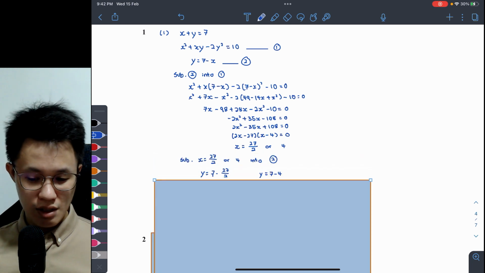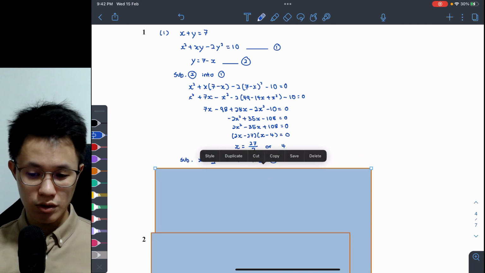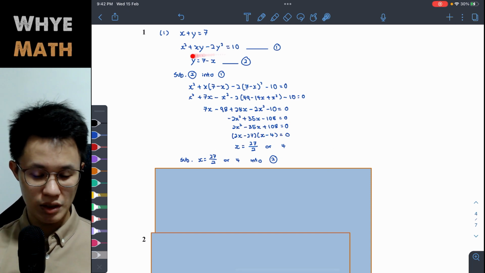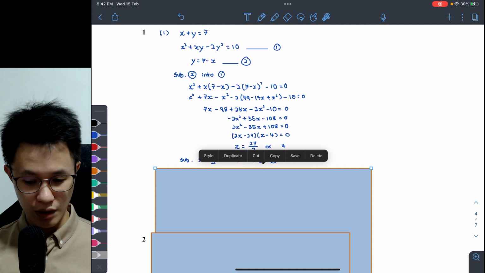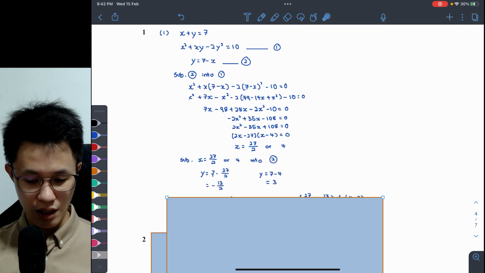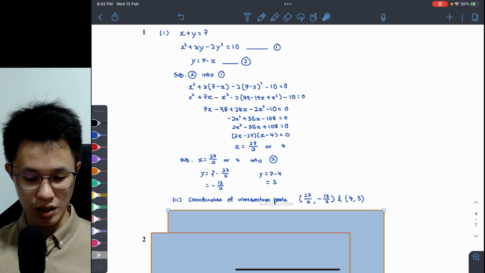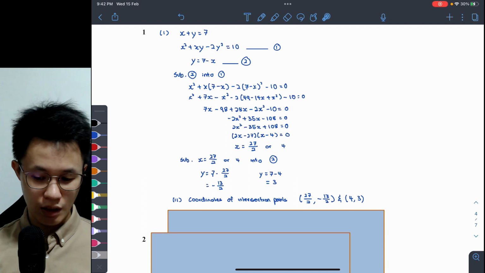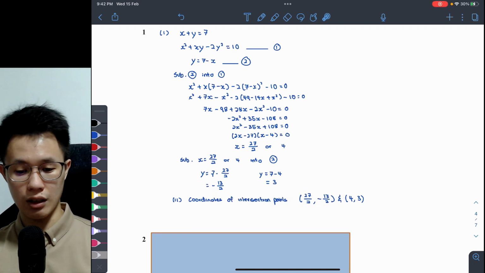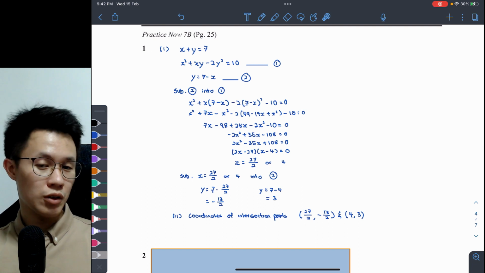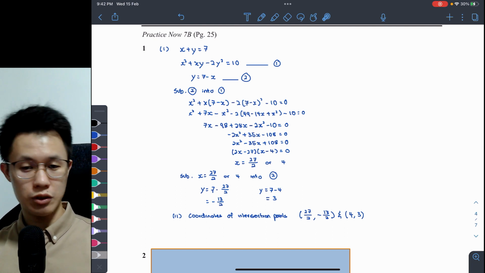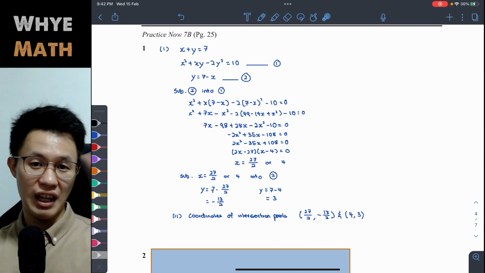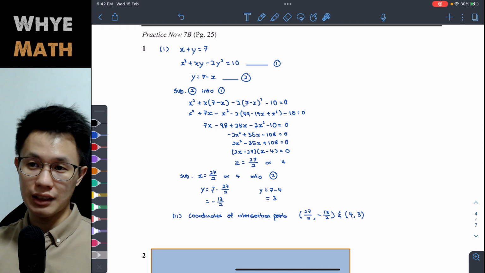So you substitute each of these values into the linear equation to find the points. I find 2 points, and the coordinates of the intersection points are simply the x and y values that you found in part 1. This example is pretty straightforward, nothing too difficult, and that is how you use the discriminant to tell if the quadratic curve and a linear line intersect. That will be all. See ya.